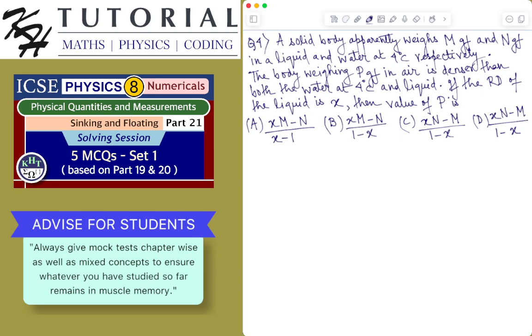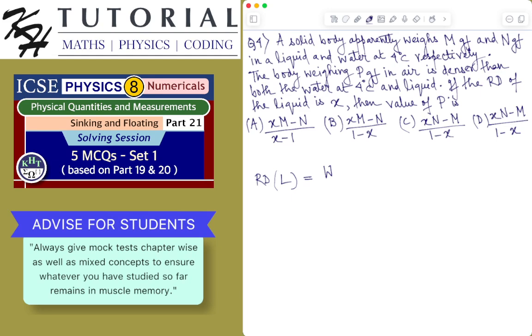We know that the relative density of a liquid, let's say L, is equal to the weight of a body in air. This W is the weight of any body whose density is more than the density of the liquid and the density of water at 4 degrees centigrade.